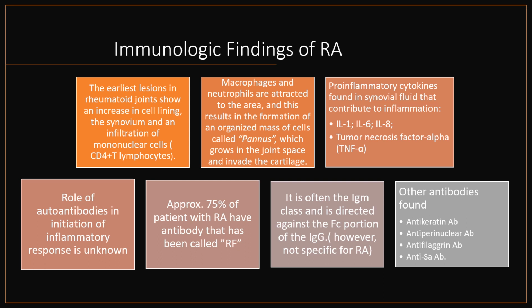Other autoantibodies found include anti-keratin antibody, anti-perinuclear antibody, anti-filaggrin, and anti-SA antibody. All of these antibodies are directed against citrullinated proteins, which are generated by modification of protein-bound arginine by the enzyme peptidylarginine deaminase.